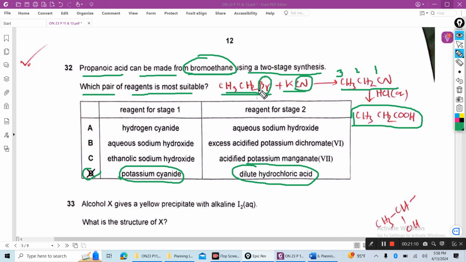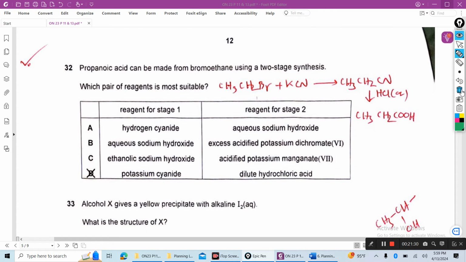So first of all, bromoethane reacts with potassium cyanide. The reagent is potassium cyanide to form propanenitrile. Second step, hydrolysis of the alkane nitrile, propanenitrile, to produce propanoic acid. Next, 33.